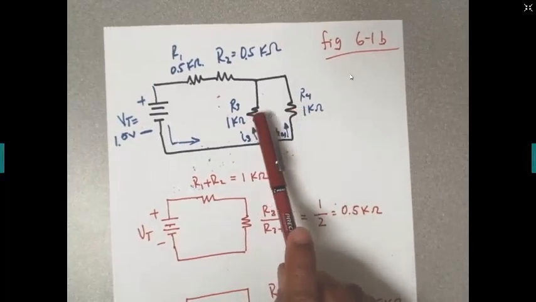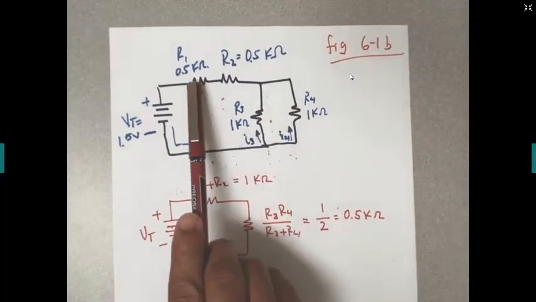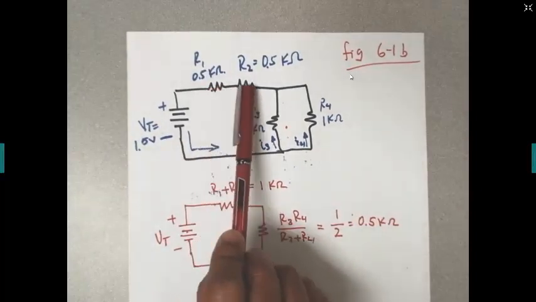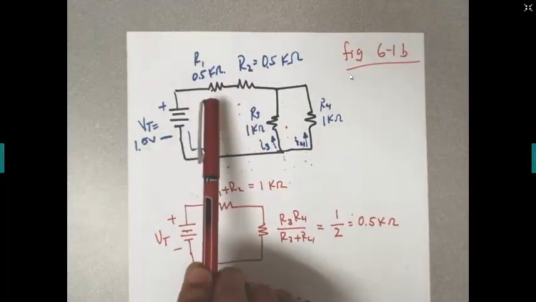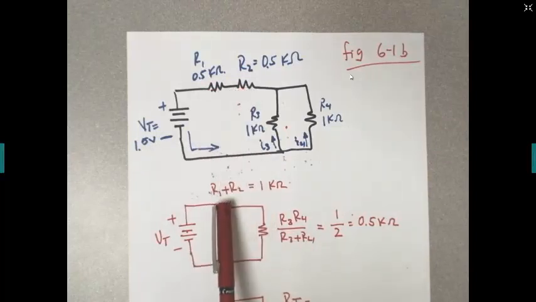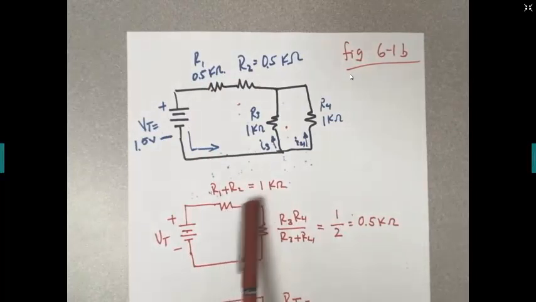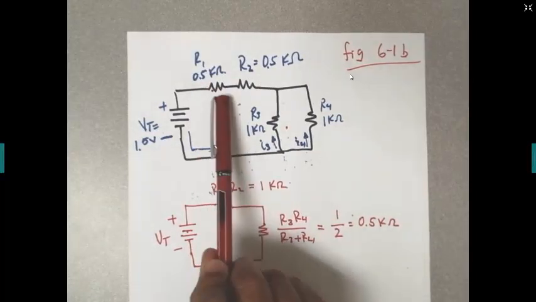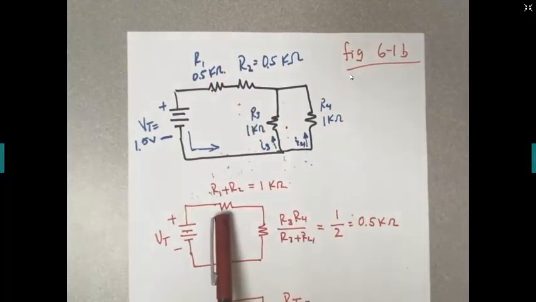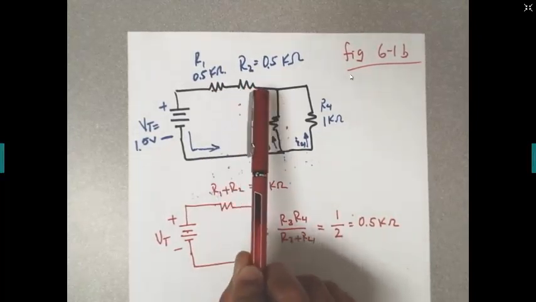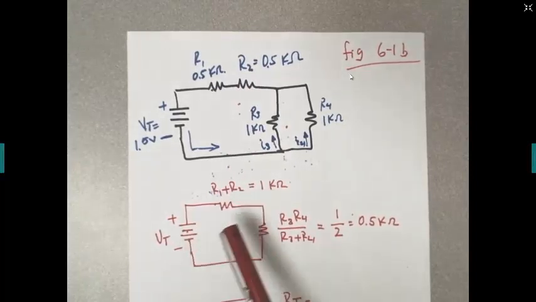R3 and R4 are connected in parallel, and R1 and R2 are connected in series. So we can reduce these two resistors into one by adding R1 plus R2. That would be 0.5 plus 0.5, so this resistor is the same as these two combined right here. Half plus half will be 1, so it's 1 kilo ohm.